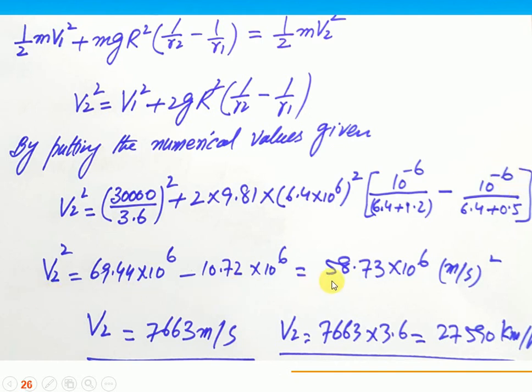I simplify this and get the velocity v2, which is 7663 meters per second. Multiplying by 3.6, it is 27,590 kilometers per hour to maintain at point B.